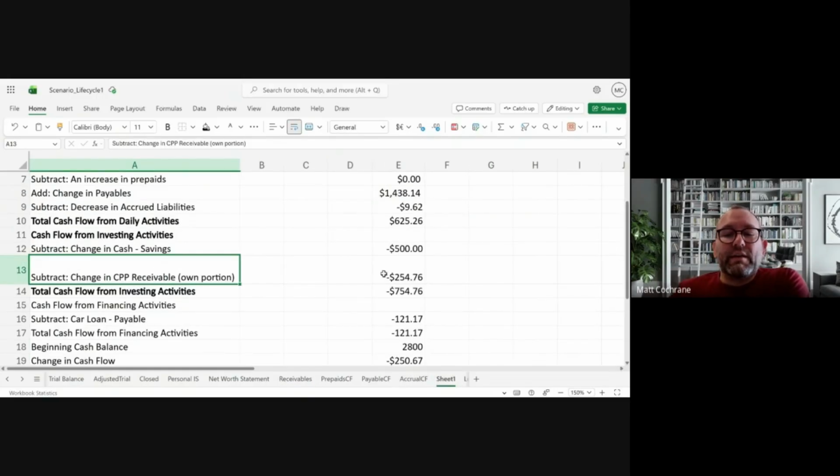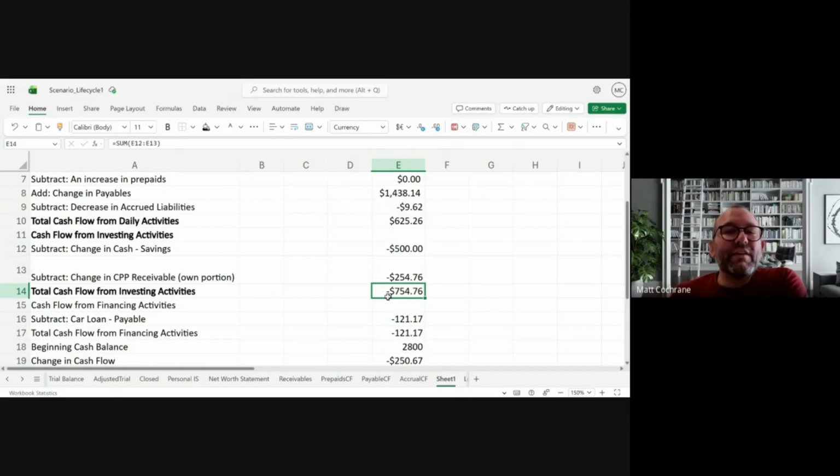Okay. So those two represent the investing activities. So the total investing activities that we conducted during this month was $754.76. Okay, that's great. We've got surplus cash from our daily living, and we are investing in our future.